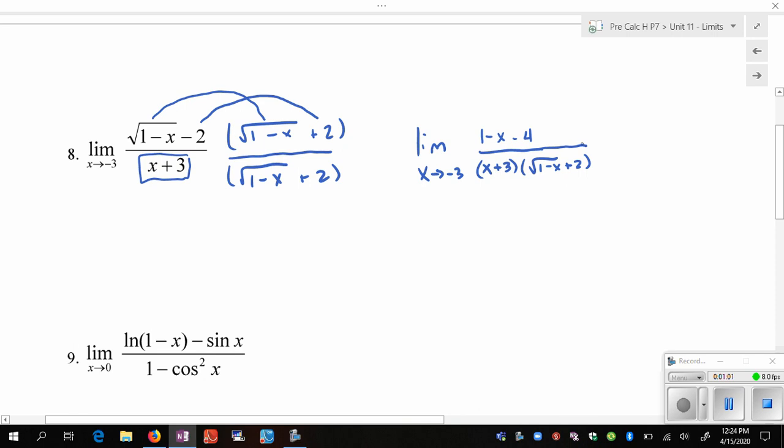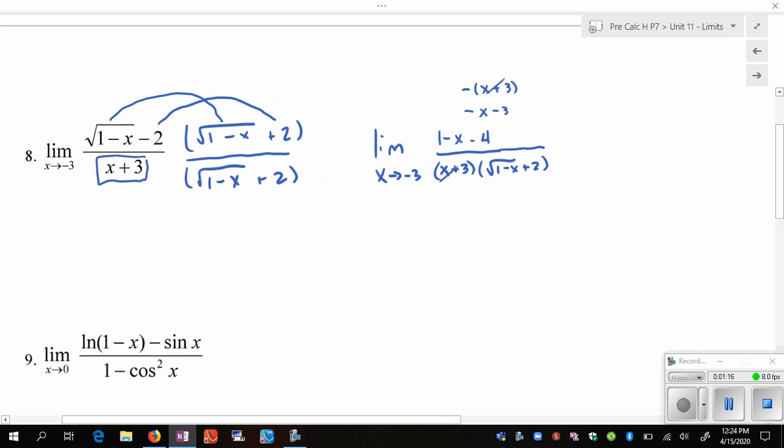So in the numerator, when I do 1 minus x minus 4, that becomes -x minus 3. And then I could actually factor out the negative and call it negative parentheses x plus 3. And you could see that now those cancel.